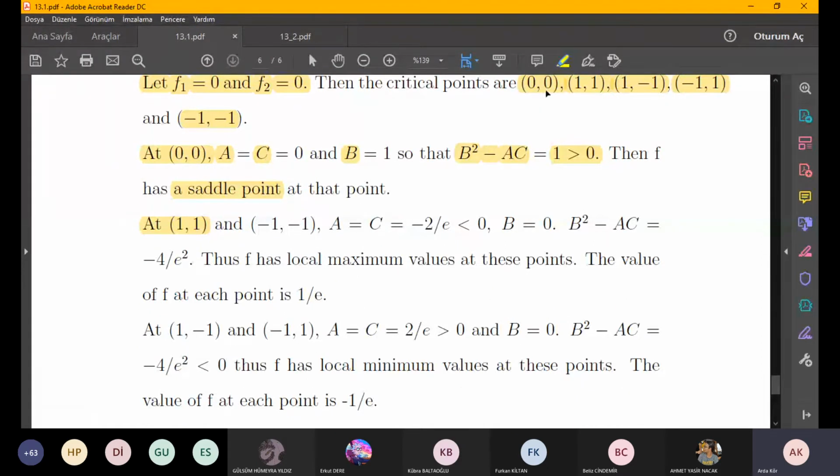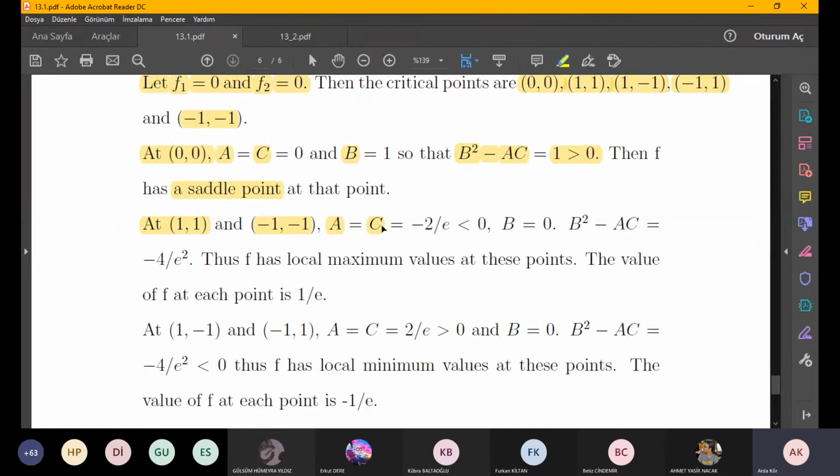If we continue with the second one, which is (1,1), and A, B, C are equal for the other critical point, (-1,-1), we will compute f11 at (1,1) and at (-1,-1).